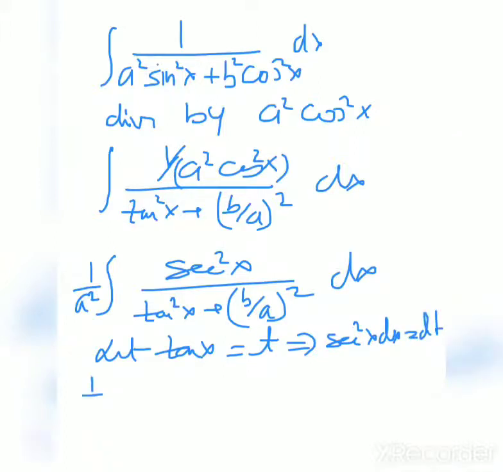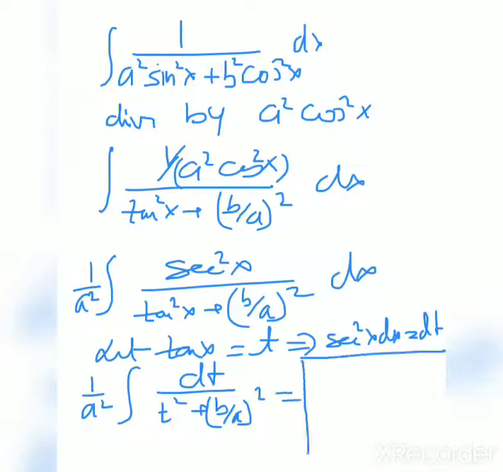Integral 1 upon a square dt upon t square plus b upon a whole square, which is equal to 1 upon a square.